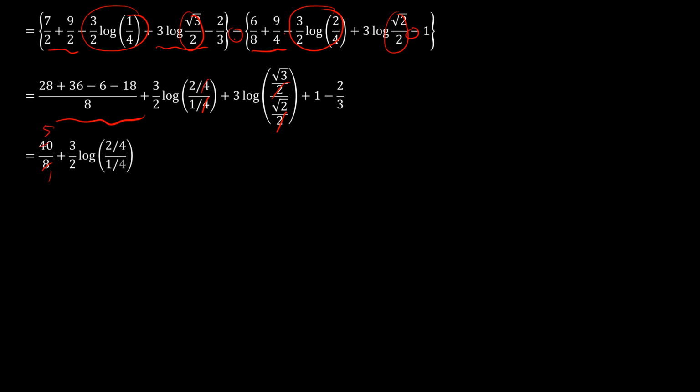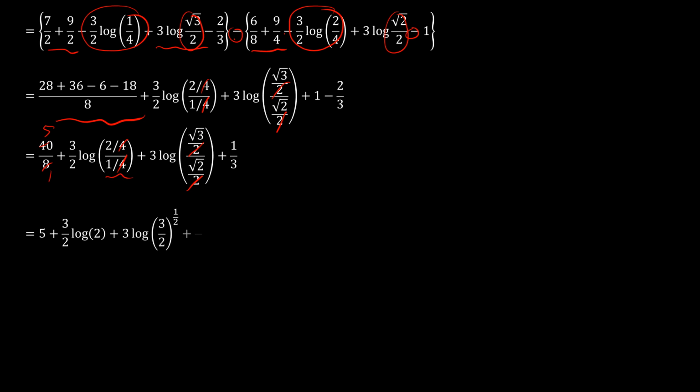And then since we need to divide this, so we're just left with 2, and we need to divide this so that we have root 3 over 2, root 2, and then we have a third. 1 minus 2 over 3 is a third. So this becomes 5 plus 3 log 2 from here, plus 3 log 3 over 2 to the power half.